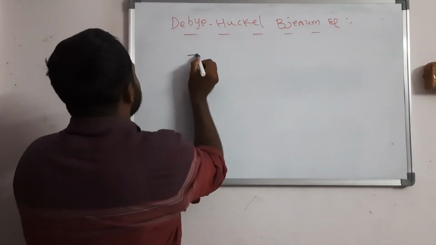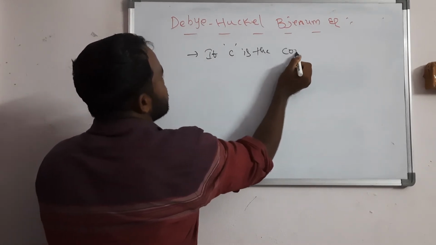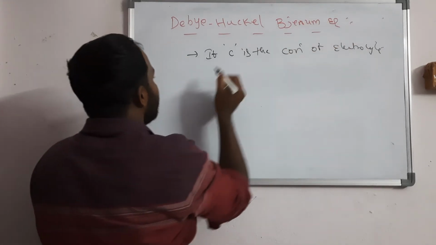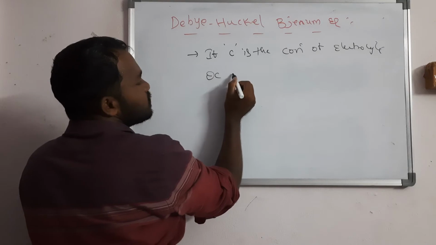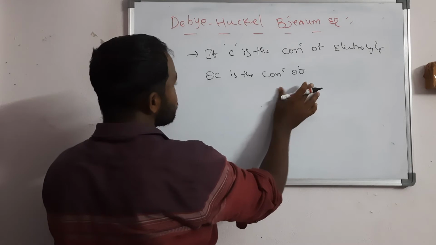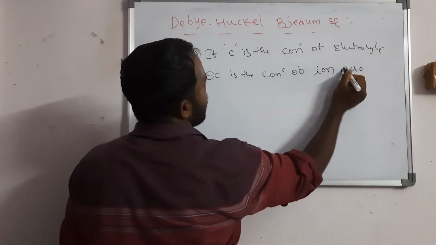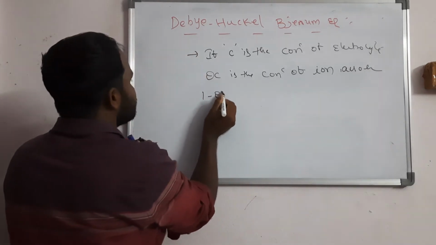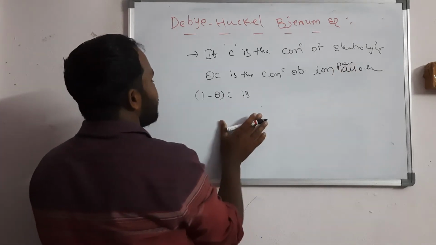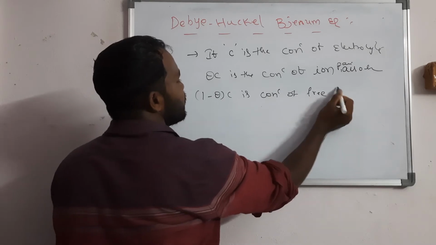So if C is the concentration of the electrolyte, and theta into C is the concentration of ion pair association, then 1 minus theta into C is the concentration of free ions, you should write.